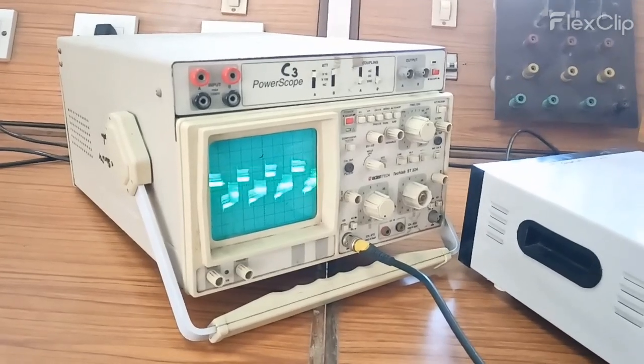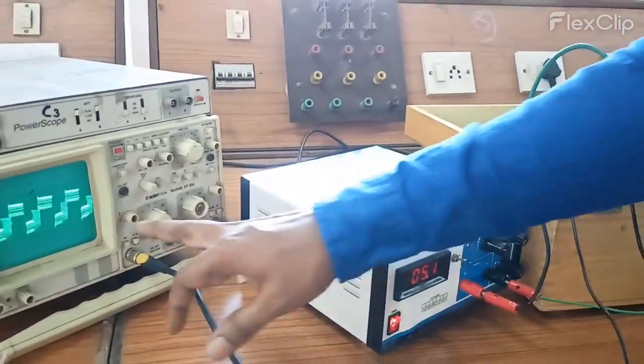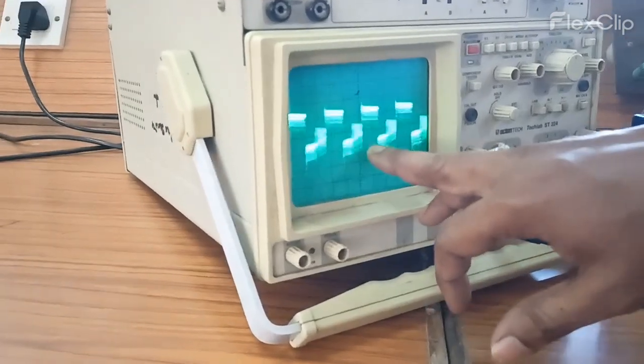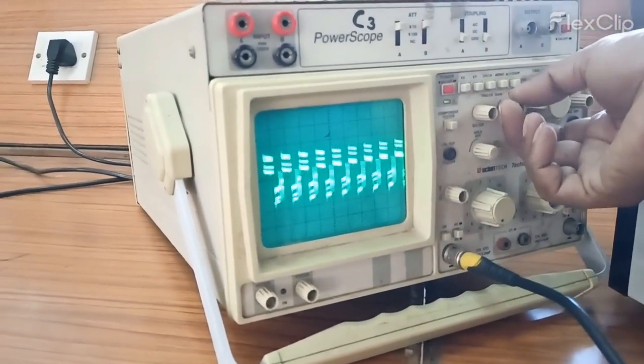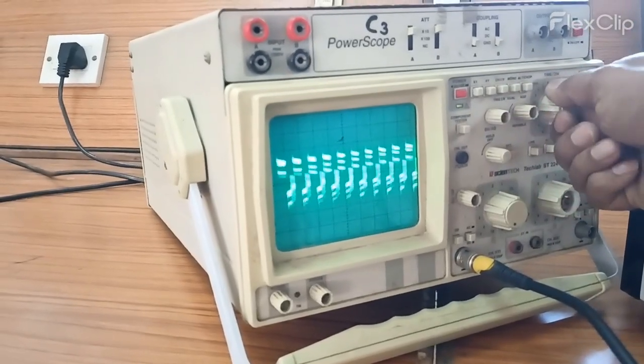Okay, and here we can measure the time period of on time and off time. So here you see, and you adjust this. So this is the actual waveform.